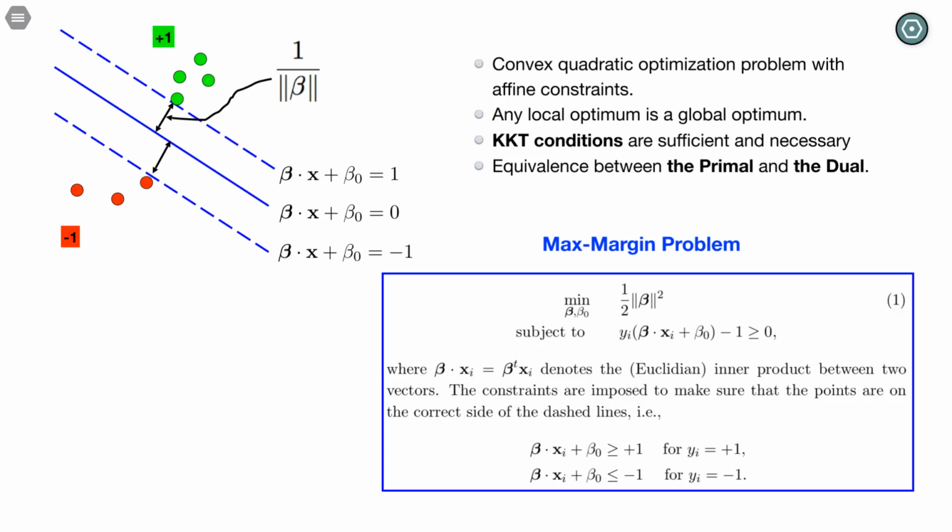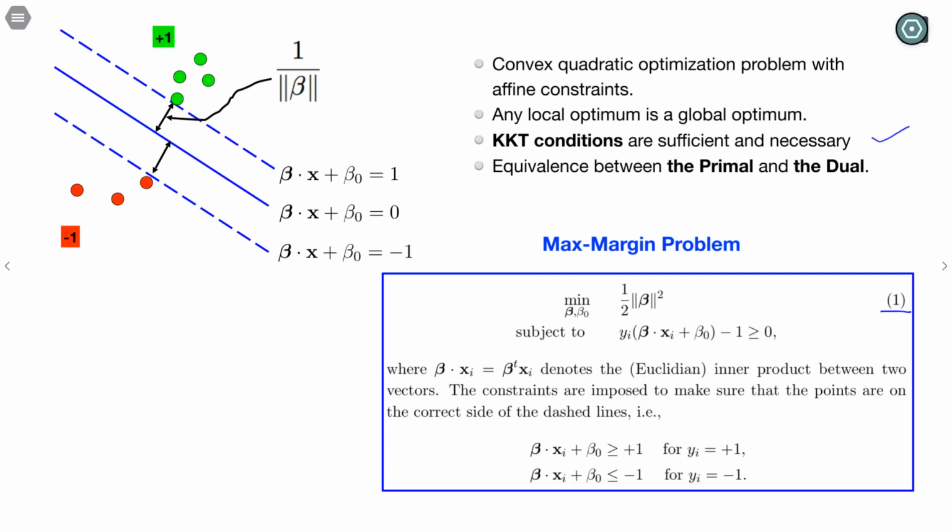Any local optimum is going to be a global optimum, which is nice. Further, because it's a convex optimization, any solution of this problem 1 is going to satisfy the so-called KKT conditions, which are both sufficient and necessary.